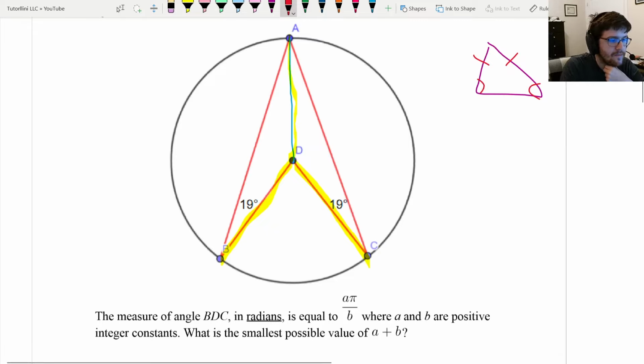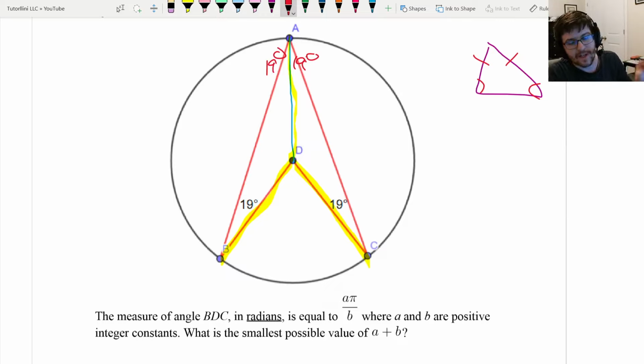For this triangle on the right, this one and this one would be equal. So that means this guy is also 19 over here. And the same is true with the left triangle. That guy's 19, so this guy is also 19 because they're isosceles triangles and their base angles are equal.